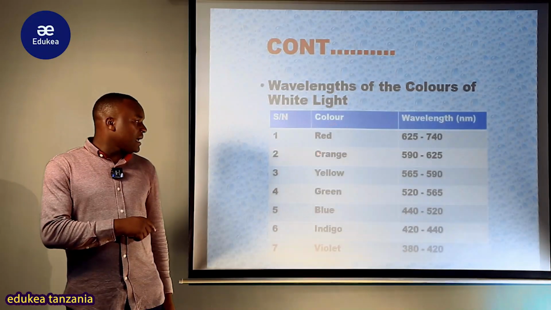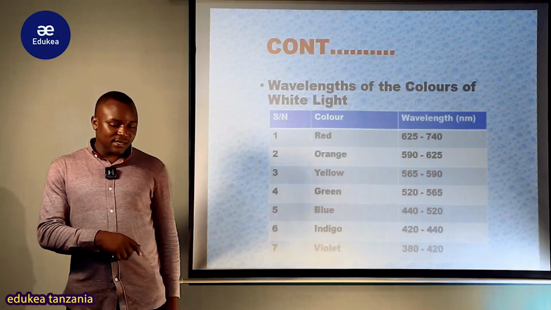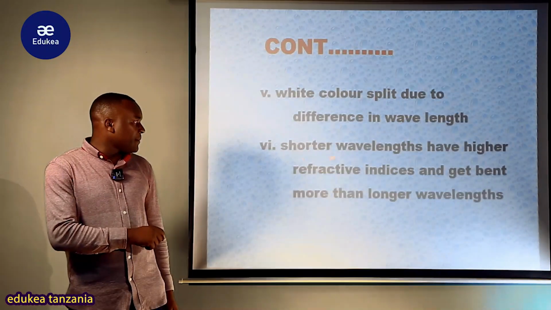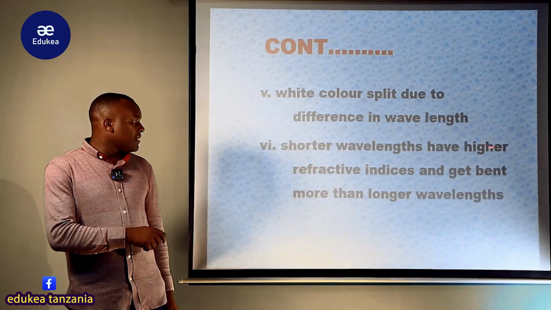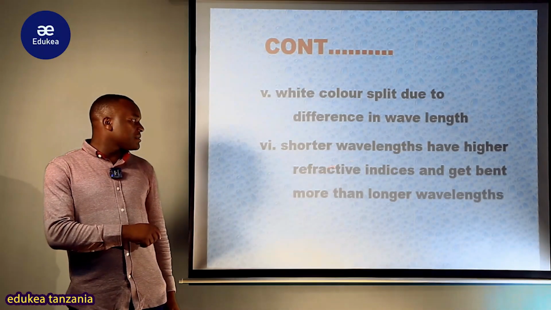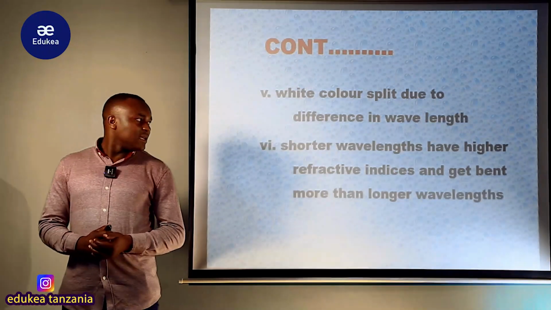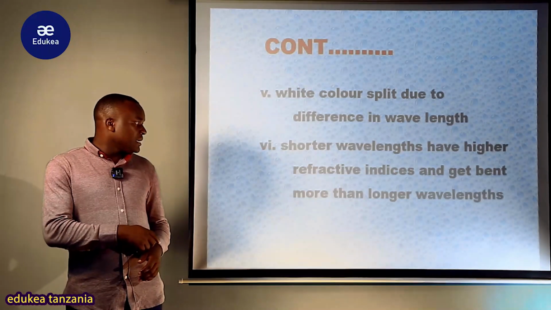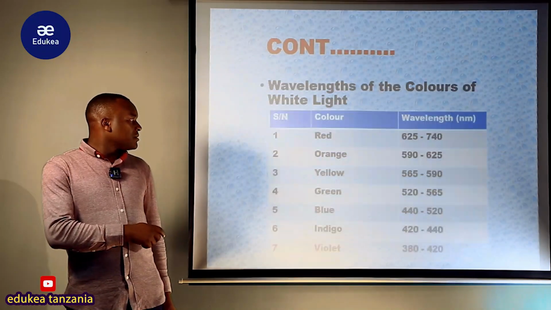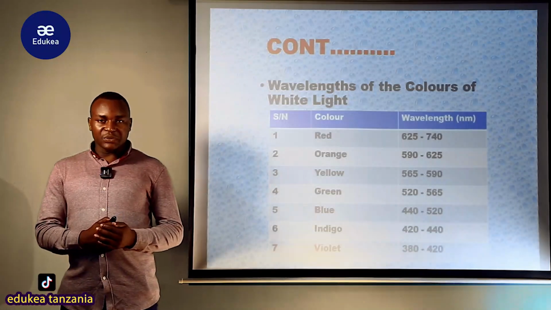So tunaona kwamba hii hapa ina wavelengths kubwa compared to others. Maana yake kama ina wavelengths kubwa, tunarudi katika point yetu hapa kwamba shorter wavelengths have higher refractive index, kwamba ikiwa na longer wavelengths maana yake refractive index yake itakuwa ndogo kwa sababu ina higher wavelengths. So that is the table. It is important to know it.